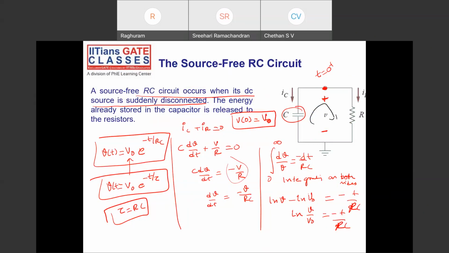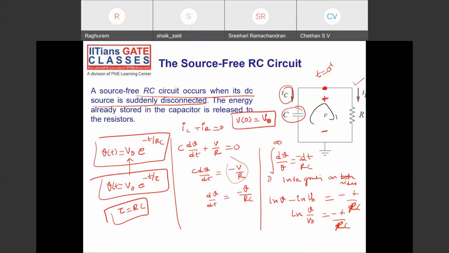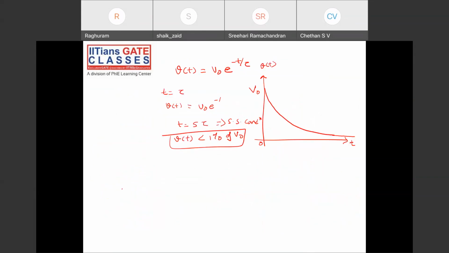That's what you'll get to know. There won't be IC in this direction. All the current that's flowing will be in this direction only. This is just for the sake of derivation. So this is how a steady state is achieved after t is equal to 5 tau.